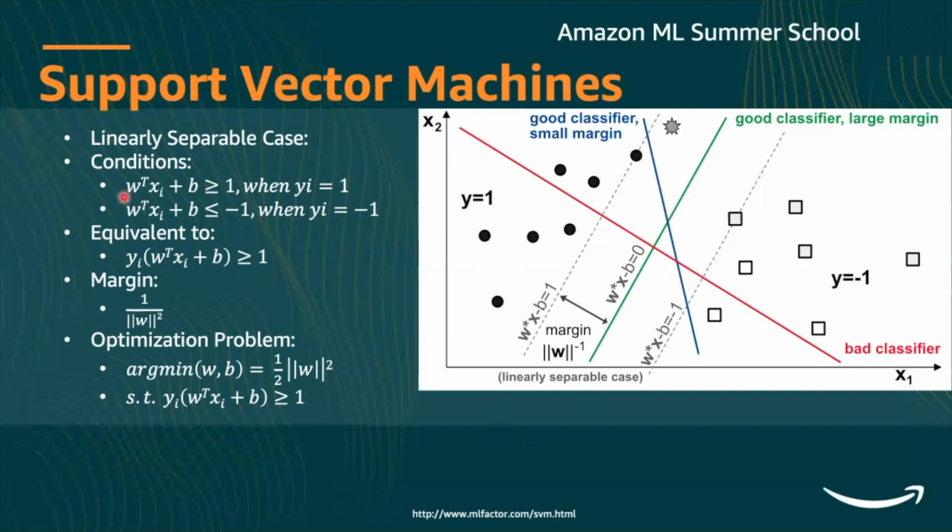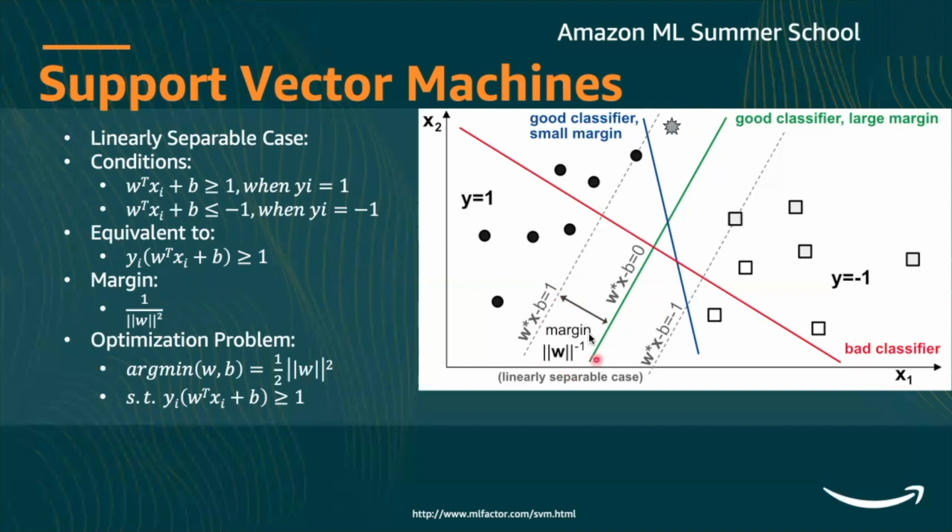You would want all the samples of class 1 to be on the right hand side of this margin, and all the samples of class -1 to be on the left hand side of this gray line. This is equivalent to saying y(w transpose xi plus b) is greater than or equal to 1, and the margin is denoted by 1 by norm of w square. So you would want to maximize the margin.